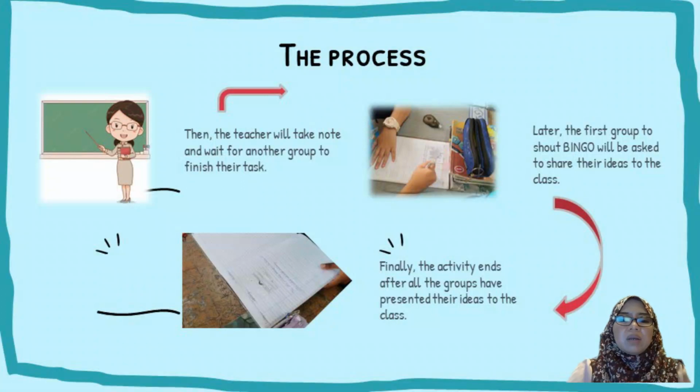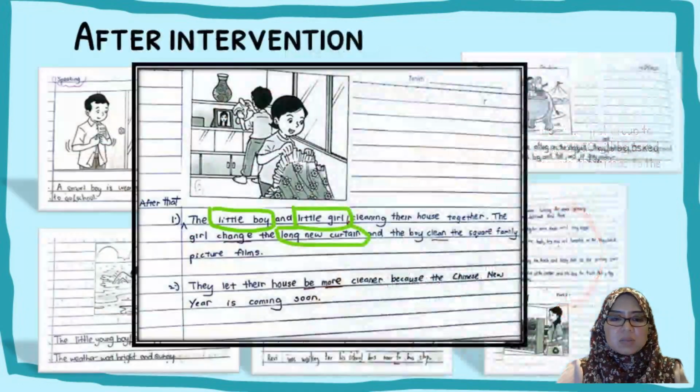Then, the teacher will take note and wait for another group to finish their task. Later, the first group to shout bingo will be asked to share their ideas to the class. Finally, the activity ends after all the groups have presented their ideas to the class.